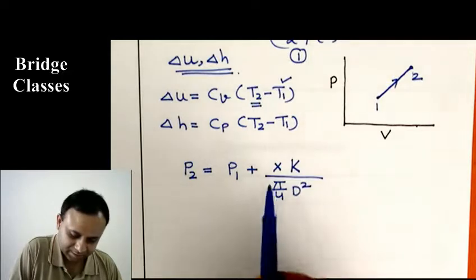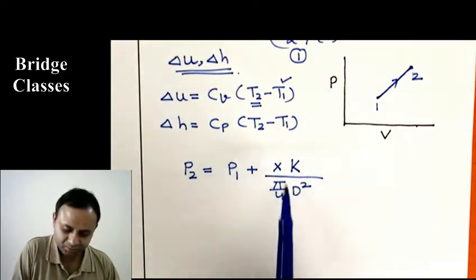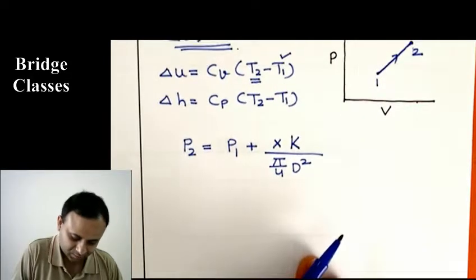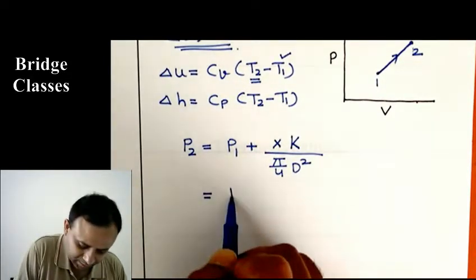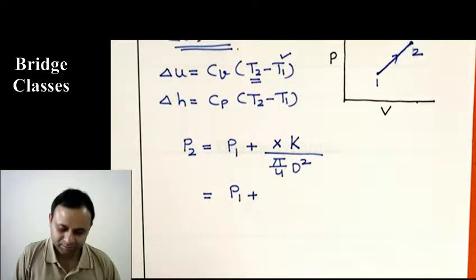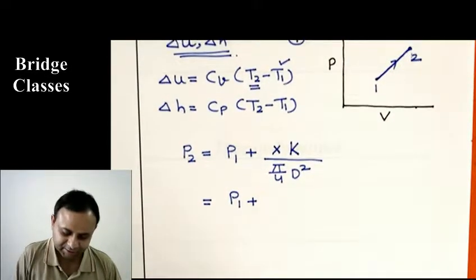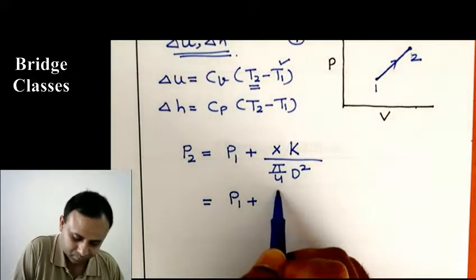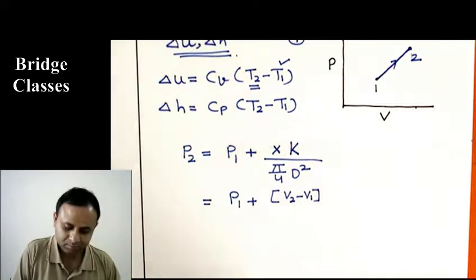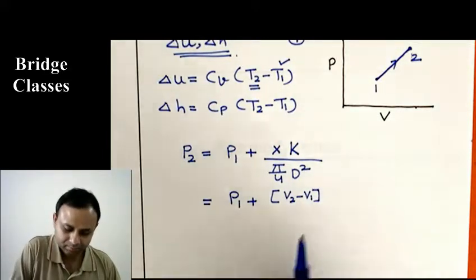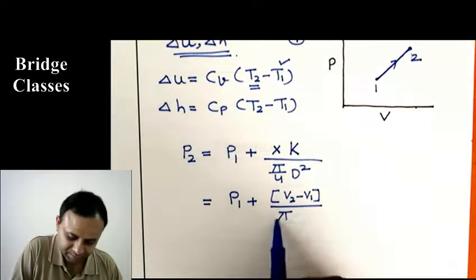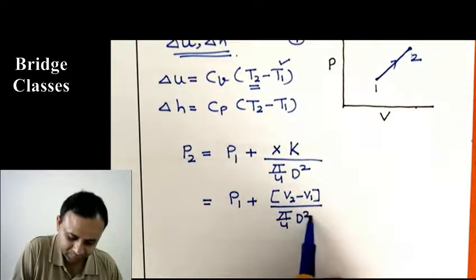Okay, let us write this X also in some other form. We have K, D and P1, but we don't have X. So let us manipulate this. You can write this as P1 plus this X. This will be the change in volume, V2 minus V1, over the piston surface area, pi by 4 d square.